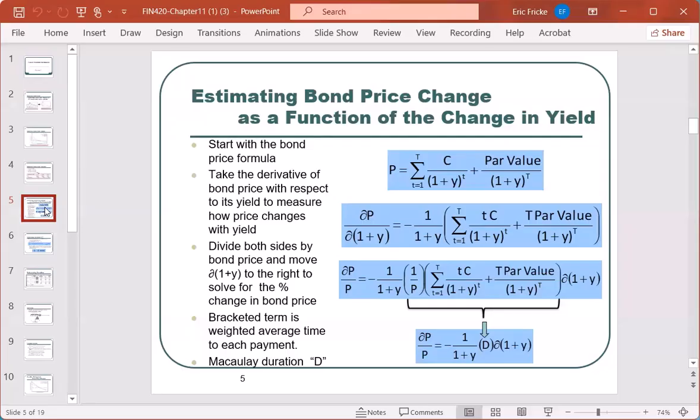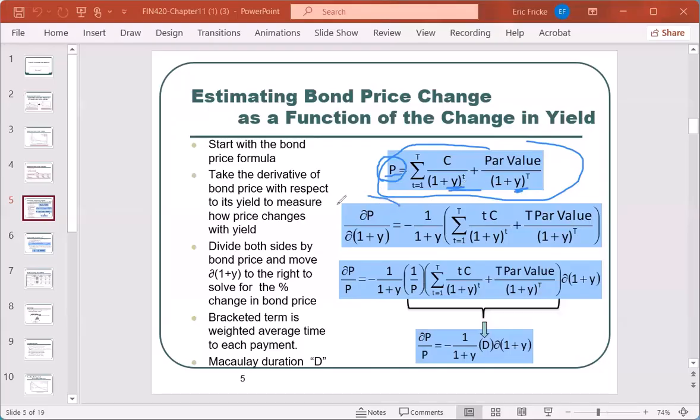What we want to know is how much a bond price changes with respect to interest rates. This is our bond price formula, and interest rates directly affect the bond's yield to maturity right here. So how much does P change with respect to Y?